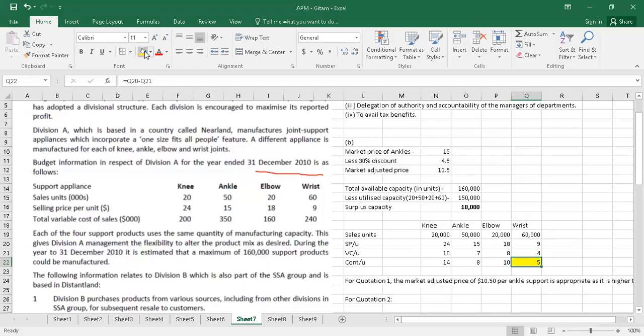So if they reduce the production of wrist, 8,000 units of wrist would be reduced. Production and supply to the customers in Nearland would be reduced. Then they would divert the resources to the manufacturing of ankles and supply to division B. All of them require the same capacity.